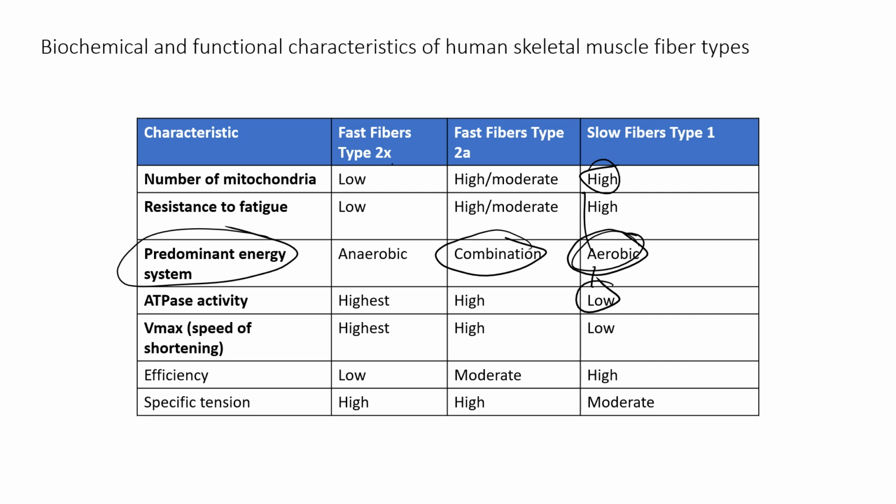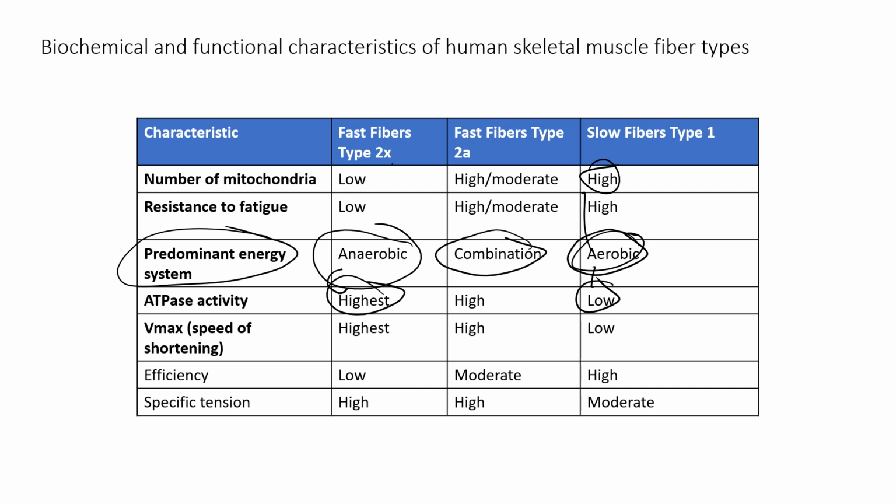And as you well know, the fastest twitch fibers, type 2X fibers, rely heavily, almost exclusively, on fast metabolism, right? Why? Because they have an incredibly high ATPase activity, a very high ATP demand, myosin head cycling frequency, and thus they rely on an energy system that can produce ATP at very rapid rates to assist in meeting their ATP demand.